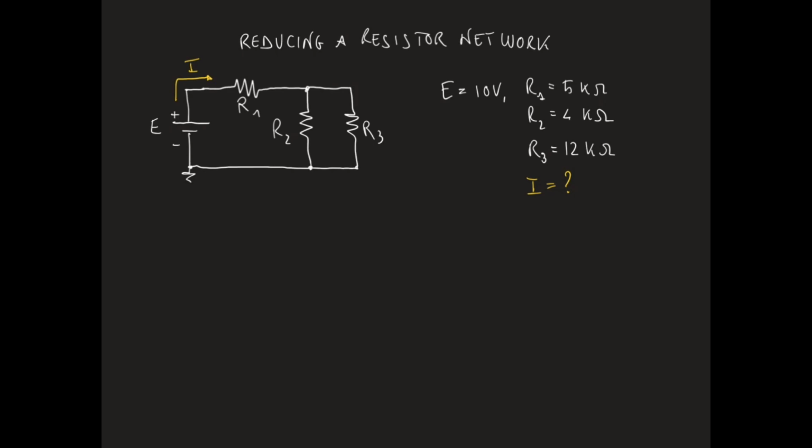In this circuit, for instance, R2 and R3 are in parallel, so we can replace them with the equivalent resistor.